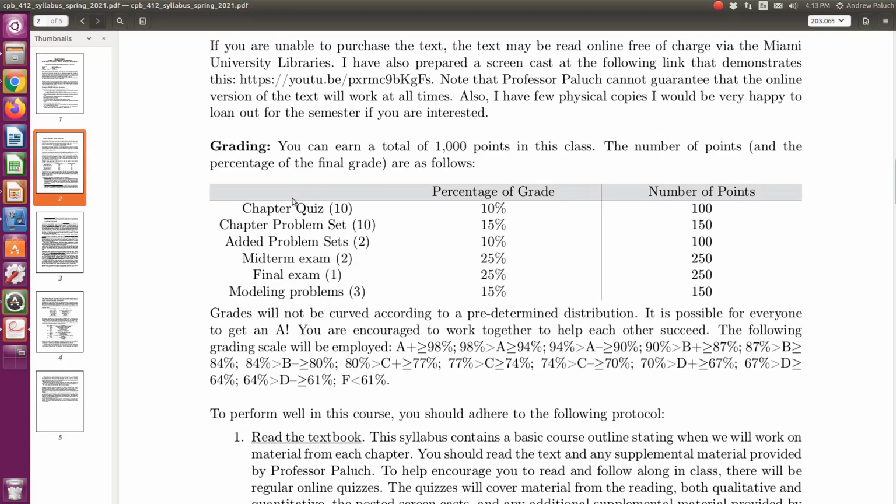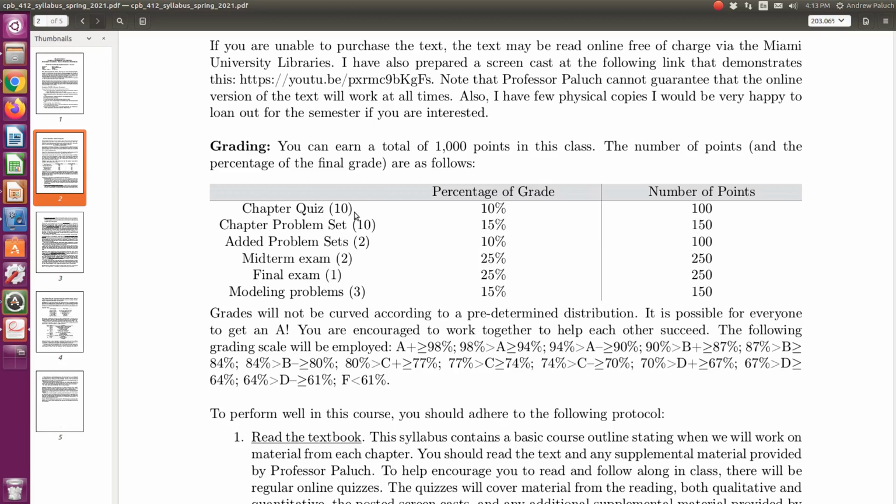In terms of grading, your grade is going to be composed of chapter quizzes, chapter problem sets, what I call additive problem sets, midterm exams, a final exam, and modeling problems. The rest of the syllabus has information on these in detail, but basically, for each chapter, there's going to be a chapter reading quiz.